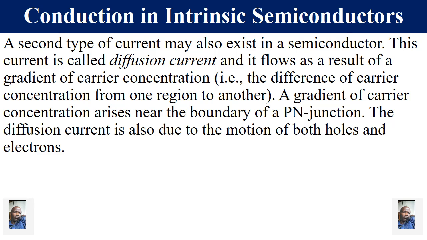So diffusion current is caused by the gradient of carrier concentration, which is the difference in concentration near the boundary of the PN junction. We'll be looking at the PN junction in a video ahead. We also know that diffusion current is due to the motion of both holes and electrons. So in this slide we are simply talking of diffusion current, apart from the drift current.